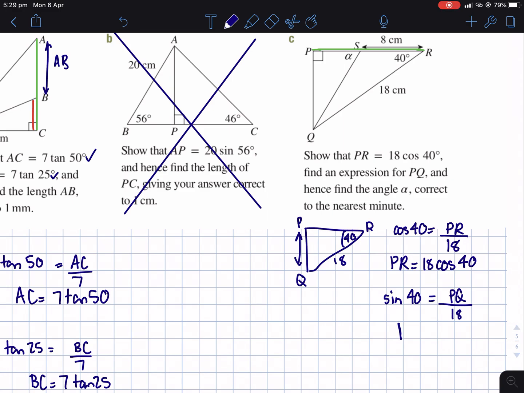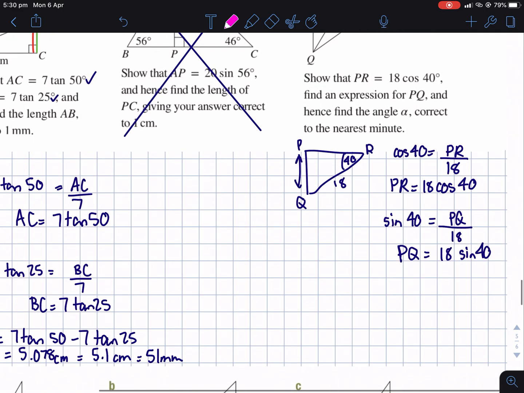So PQ equals 18 sine 40, which means if we want the angle alpha here, this little angle here, I'm going to draw a smaller triangle. I know this is alpha. I know that this height is 18 sine 40.